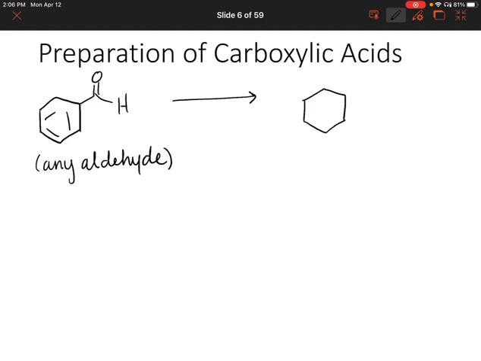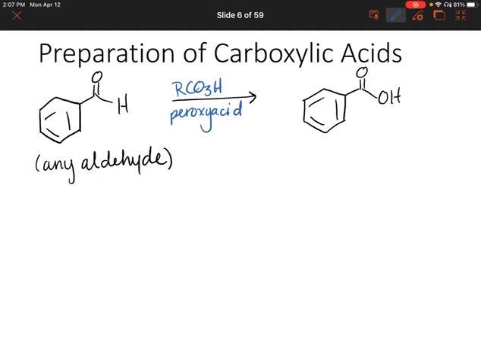And if we want to turn that aldehyde into a carboxylic acid, what could we use? Any thoughts? A peroxy acid.